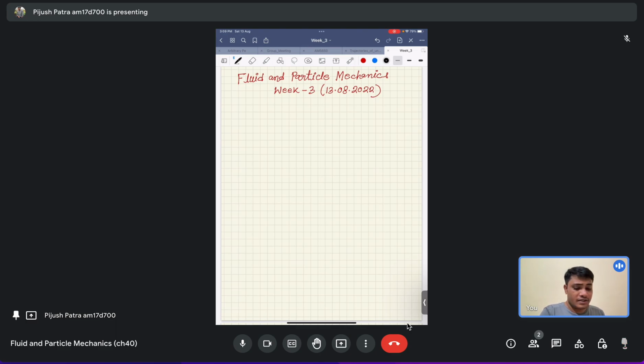Okay, so let's see how we can formally derive the velocity profile for these two cases.